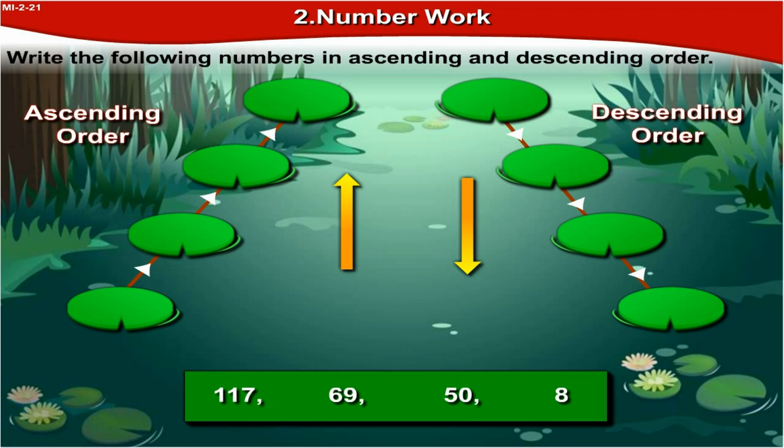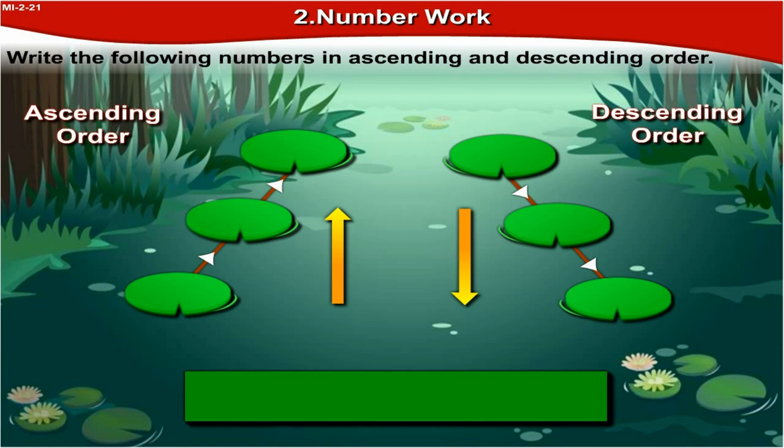In between 69 and 50, 50 is smaller. So the ascending order would be 8, 50, 69, 117. Now let us see the descending order. The biggest number is 117, then 69, 50, 8.